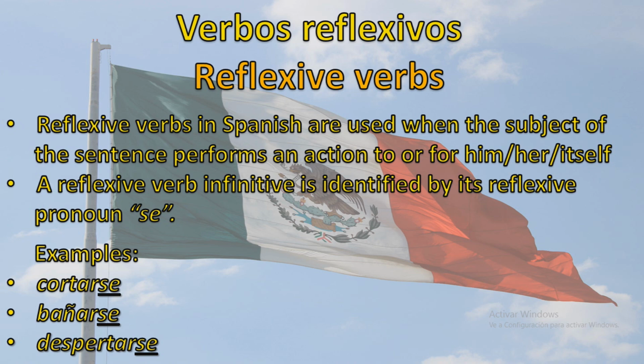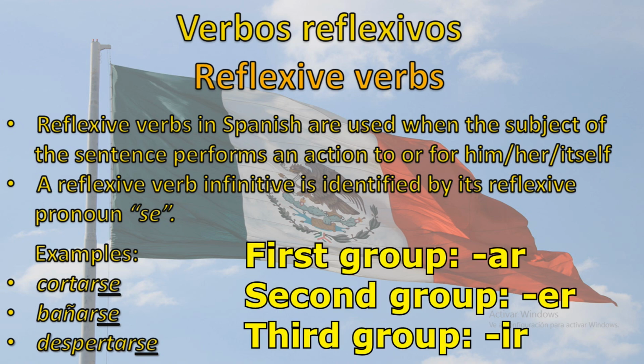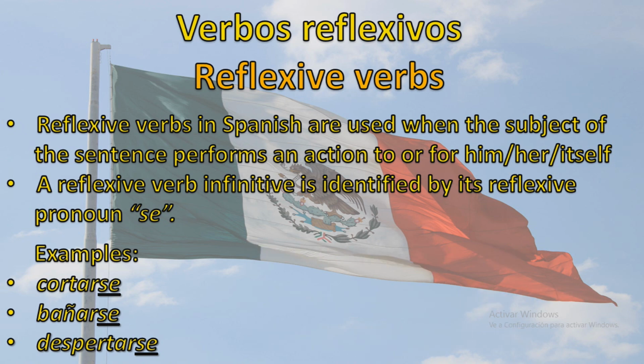The first group with the ending ar, the second group with the ending er, and the last one, the ending ir. Those are the three groups of infinitives that you are going to find in the dictionary. Anyway, these reflexive verb infinitives are also important because we use them a lot.